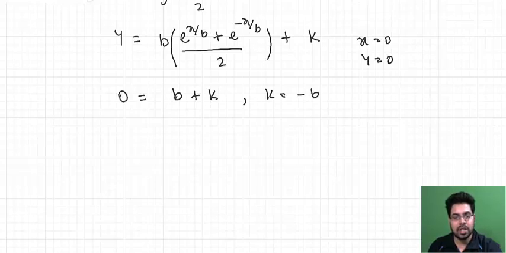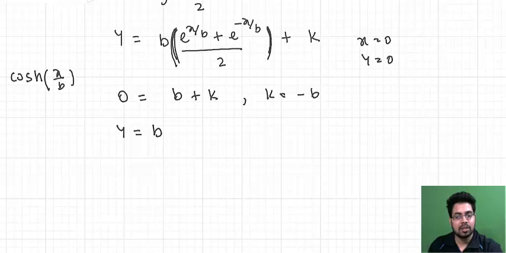So this equation then becomes y equals b times this expression inside the bracket, which is actually called the hyperbolic function cosh of x by b, because e to the power x plus e to the power minus x, divided by 2, is cosh of x.